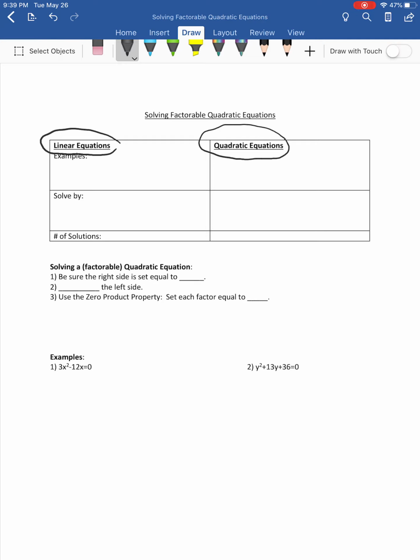Okay, so we got linear equations and quadratic equations. Linear equations are things like 4x plus 10 equals negative 22. Okay, 3 times x plus 4 equals 6 times x plus 8.